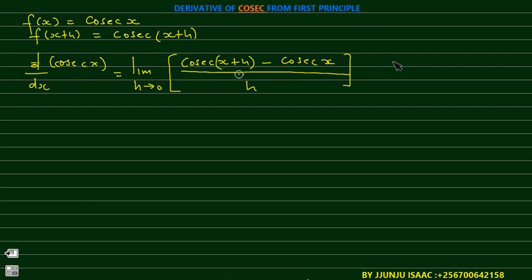So let us replace cosec with 1 over sine.